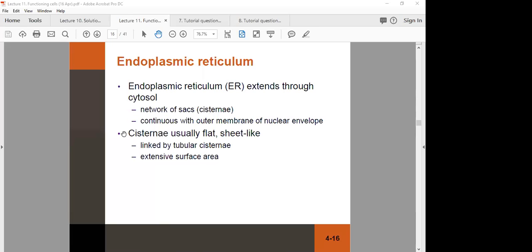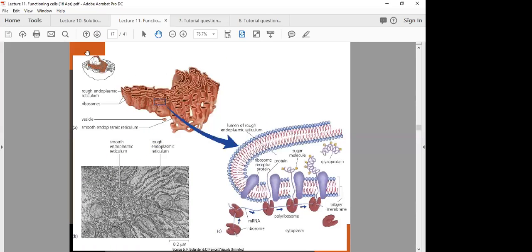The cisternae are flat and sheet-like, and they cover an extensive surface area. Often they comprise more than half of the total membrane area of the cell. In the cell here, in brown, you can see how extensive the endoplasmic reticulum is, and it's clustered around the nucleus of the cell.